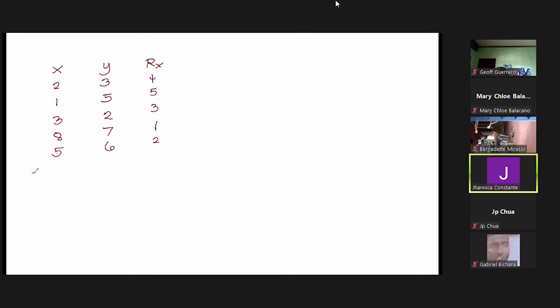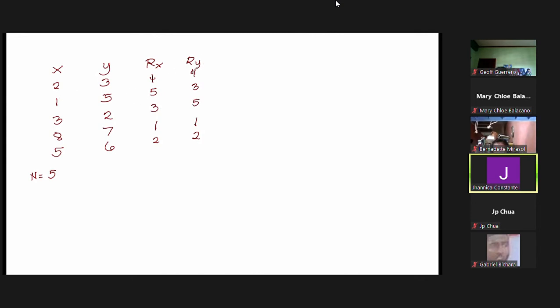That means the cases that we have in this set of data is also 5, since we have only a rank until 5. So let's proceed in ranking also the set of values for y. So rank 1 is 7, followed by 6, 5, rank 3, rank 4, and rank 5. So we are done ranking each value that we have.